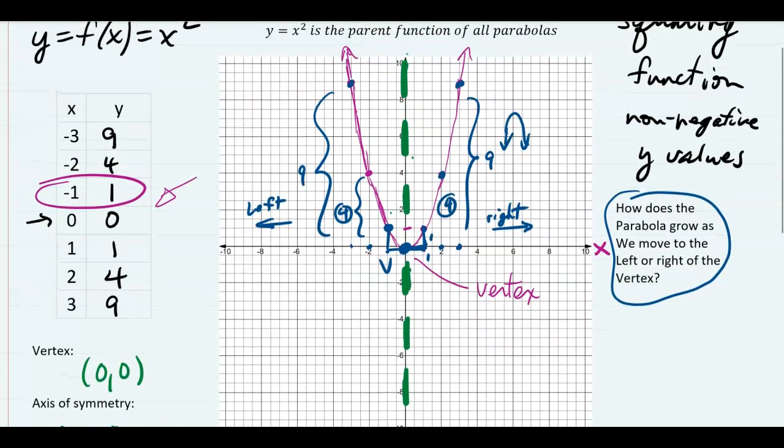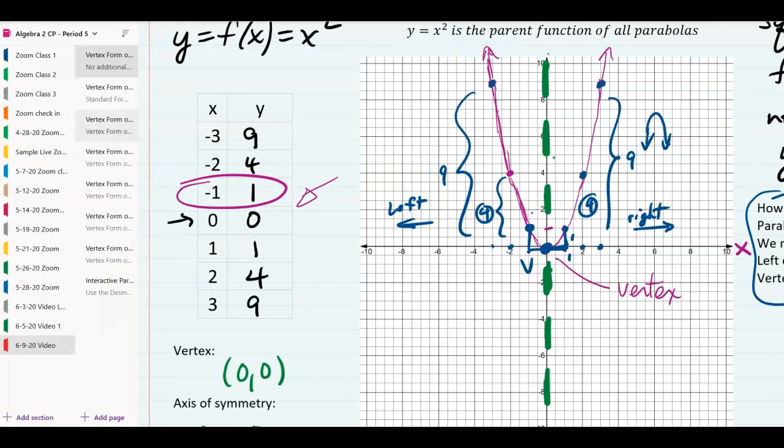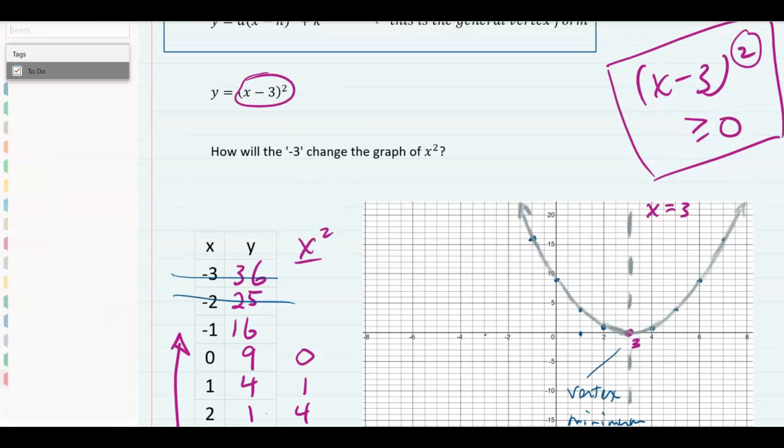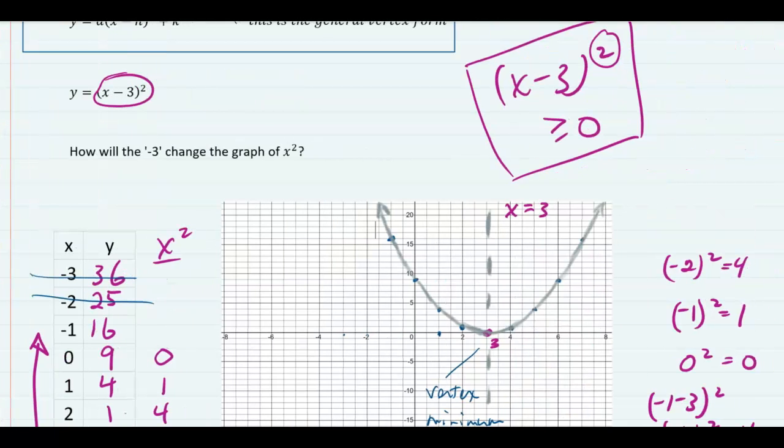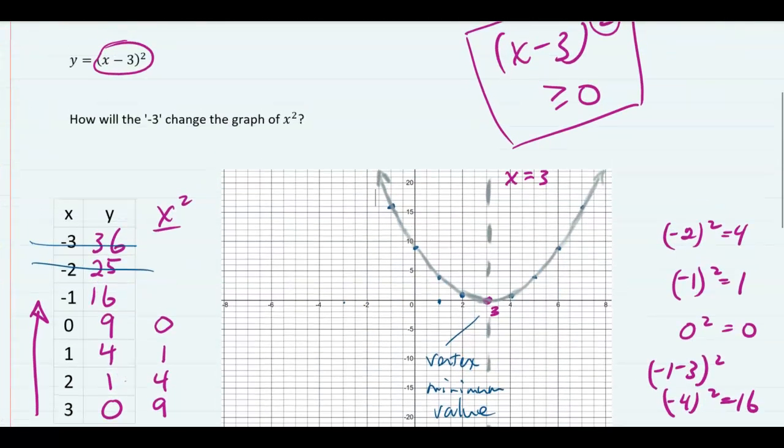Now, when we go back to x minus 3 squared, I want you guys to think about this. Do you notice any connection between the axis of symmetry for this parabola, which is x equals 3, and y equals x minus 3 squared?